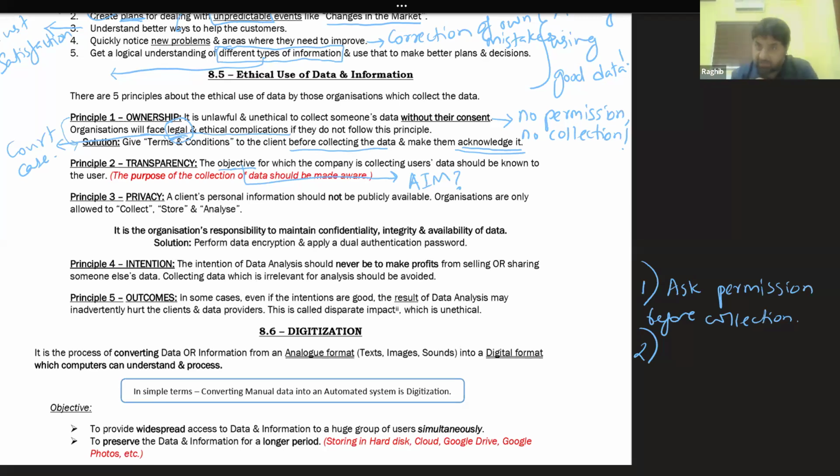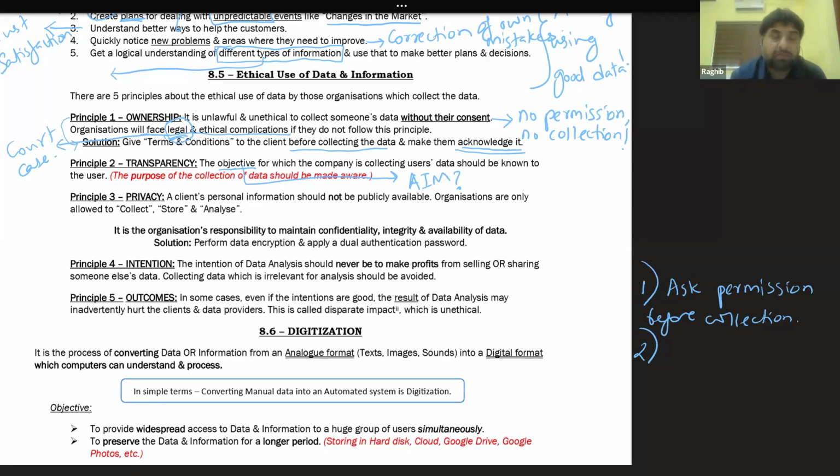I have asked someone about their data and they have given the information. Now, since their data is with us, it is our responsibility to keep it totally safe.